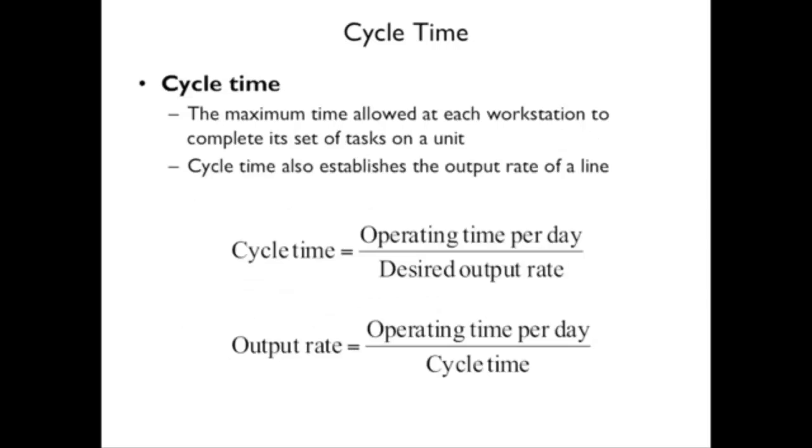Cycle time is the maximum time allowed at each workstation to complete its set of tasks on a unit. This establishes the rate of output. Cycle time is equal to operating time per day divided by the desired output per day. So the output is equal to operating time per day divided by the cycle time.